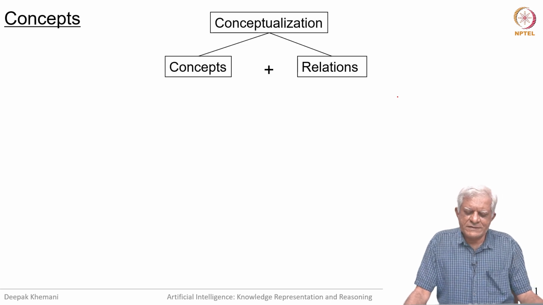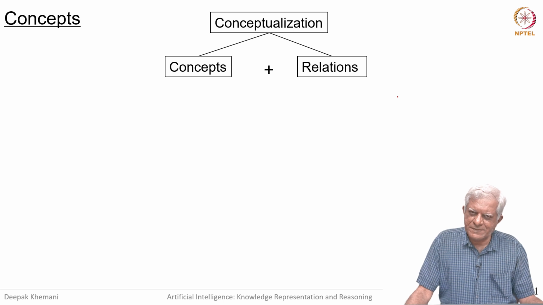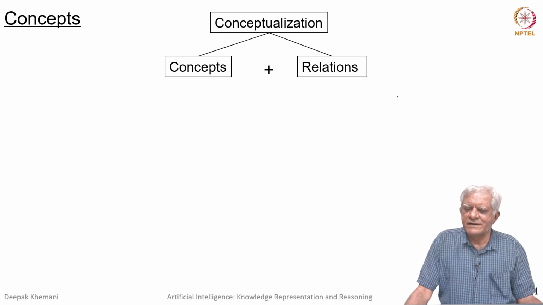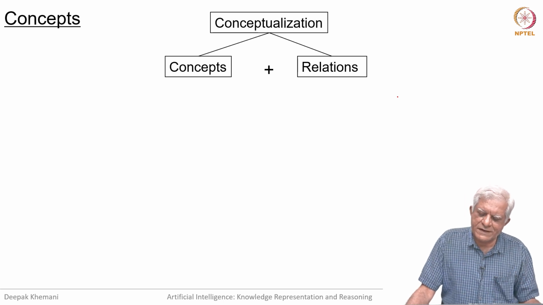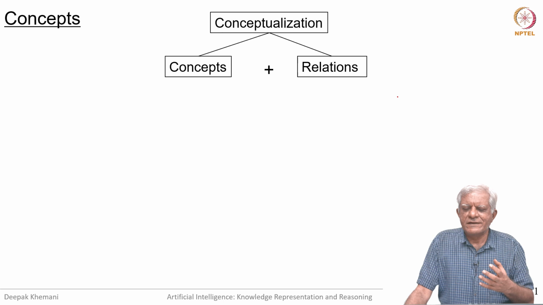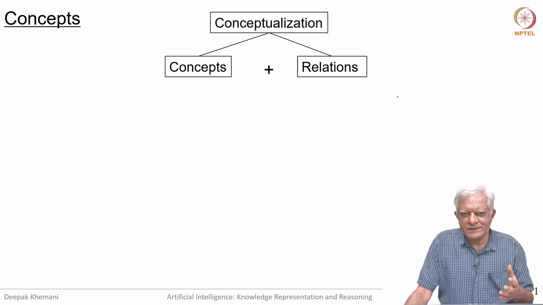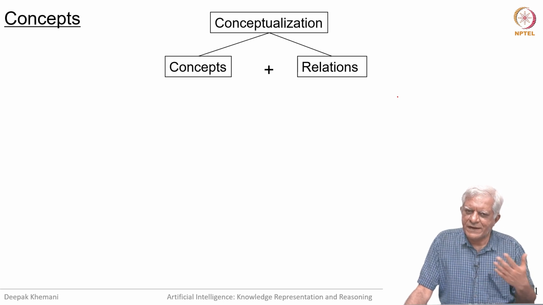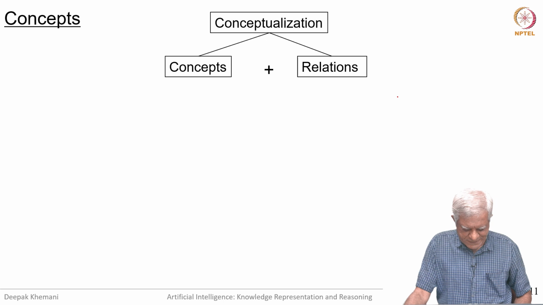So, a conceptualization is made up of two things: concepts and relations between concepts. We have already explored this idea when we looked at semantic nets and so on, except that the semantic net, or the knowledge graph that we studied, explored the idea without trying to define a set of concepts, whereas what Schank and his group have done is try to define a small set of concepts and express everything else in terms of that.